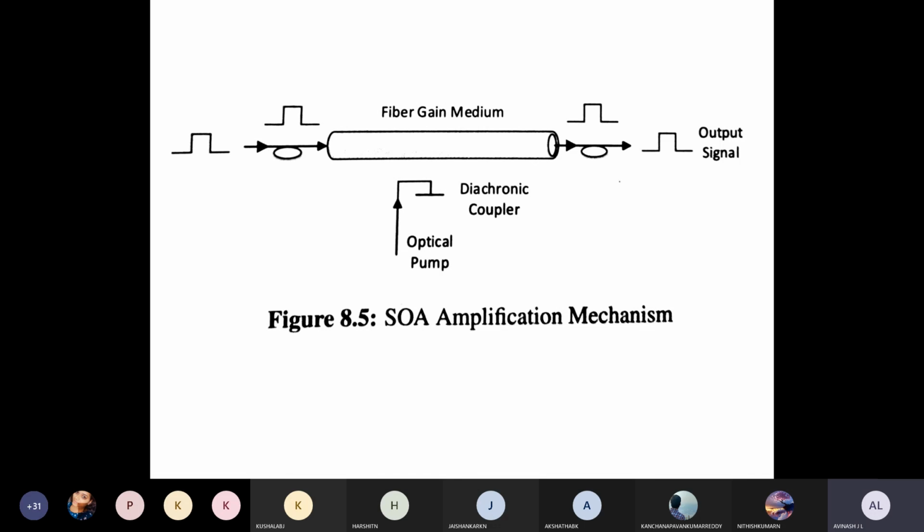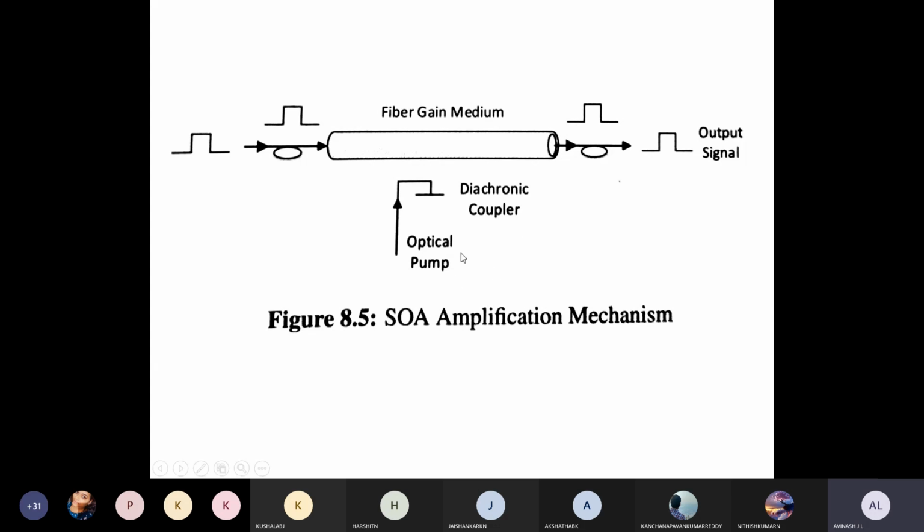In the fiber gain medium, the name itself is indicating fiber gain. It is made up of optical fiber and it is a gain medium. Gain will be increased, so obviously when the gain is to be increased, there should be an optical pump present. That is also available.